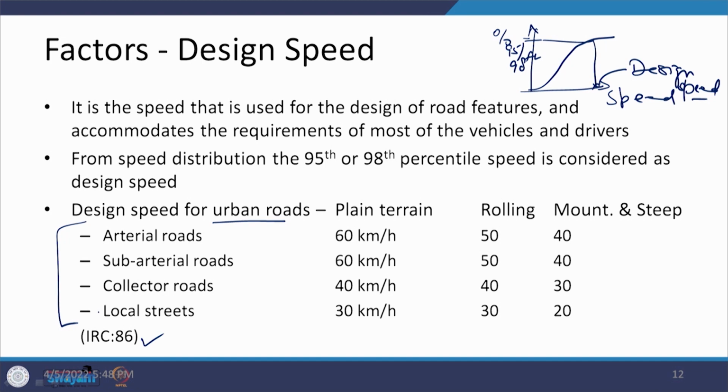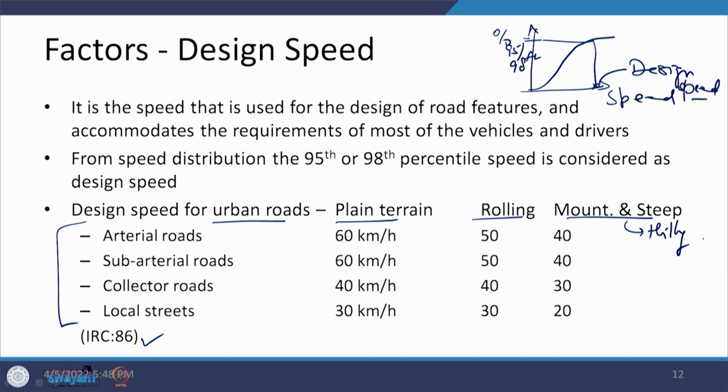Now, what you see is that for these urban roads, the data in terms of the design speeds have been defined for 3 different terrain conditions which are being named as plain, rolling and mountainous and steep. So, mountainous and steep together have been taken, sometimes you will find they are also being written as hilly together.